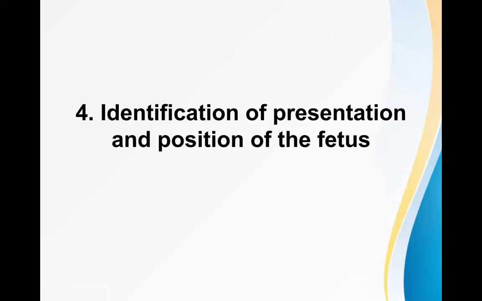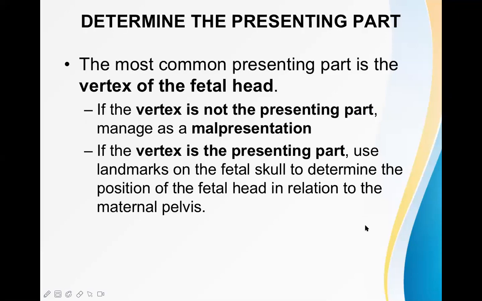Another part of this topic is how to identify the presentation and position of the fetus. Let's talk about it. Presentation and position of the fetus. The most common presenting part is the vertex of the fetal head. The most common presentation is the vertex presentation.